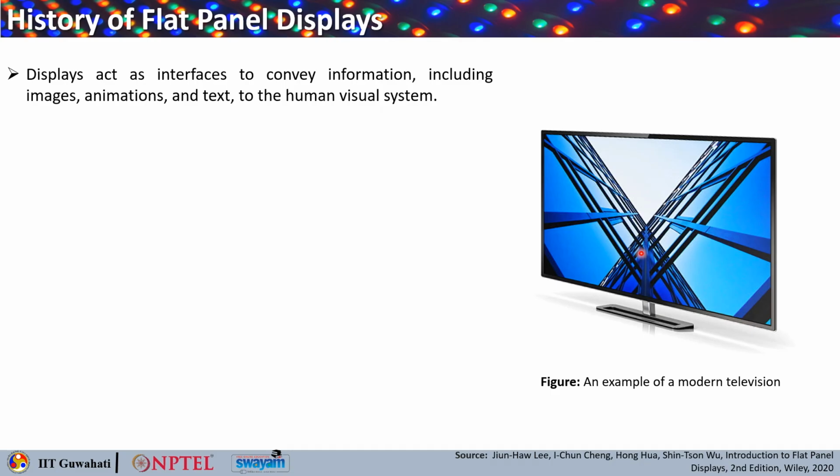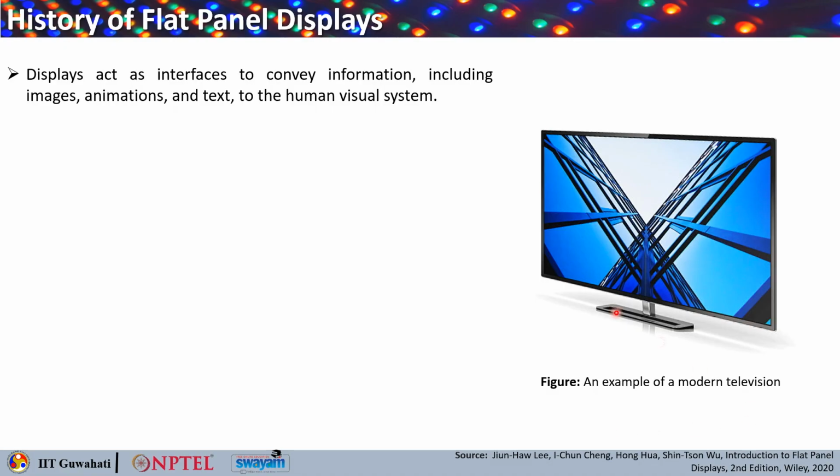Then gradually people came up with different technologies that could replace the CRT, and that is how we have come to the modern television, which is sleek, wider, and has more colors. These are basically digital televisions. Here the display again acts as an interface to convey information, including images, animation and text, to the human visual system.